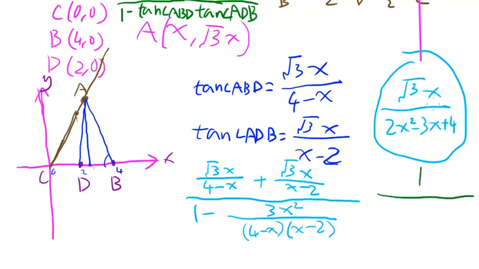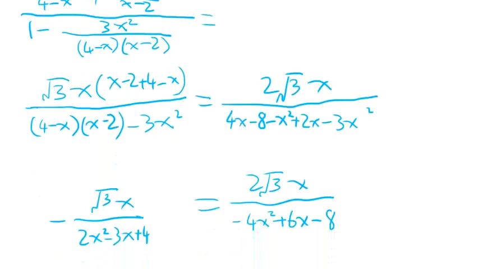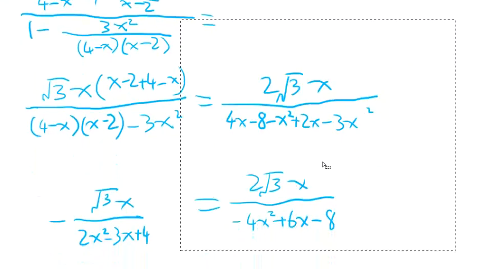So we turn this into the reciprocal. This is 3x over root 3x, 2x squared minus 3x plus 4. I'm just gonna do it on the other page. Yeah, doing that on the other page.